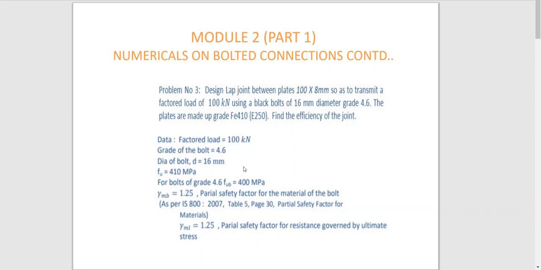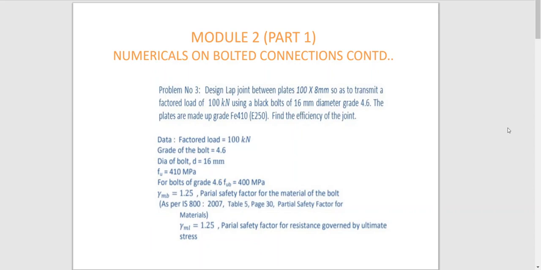As usual, the first step is to write down all the given data. Factored load is given as 100 kN and the grade of the bolt is 4.6. Diameter of the bolt d is equal to 16 mm. Fu, that is ultimate tensile stress of the plate material, is 410 MPa.